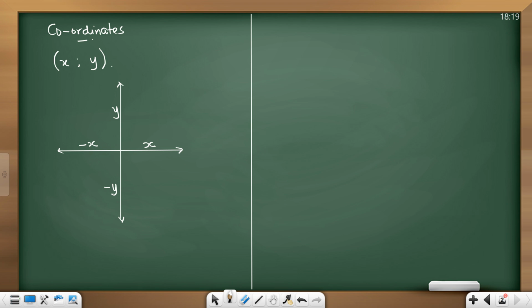Now, the most important thing here is to know how to calculate the different concepts. For today, concept number 1 is the gradient concept.